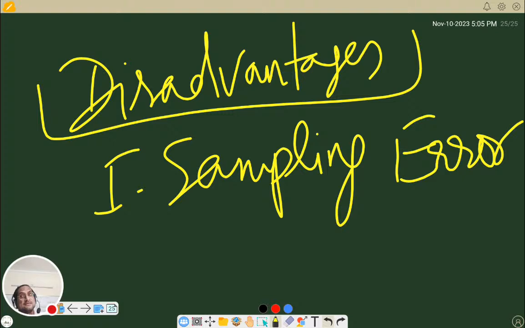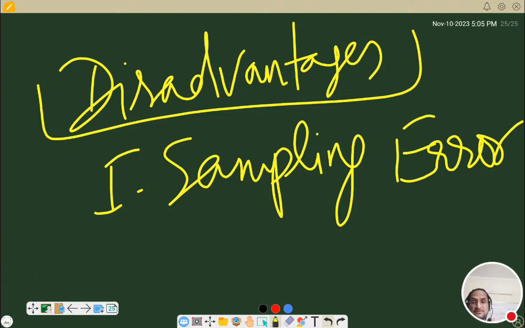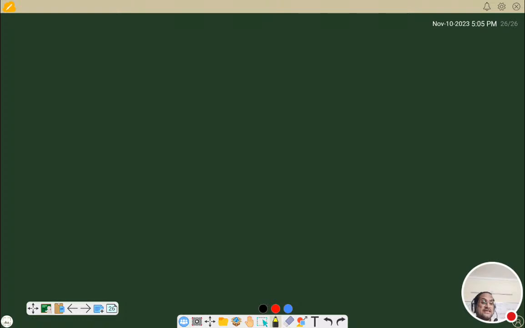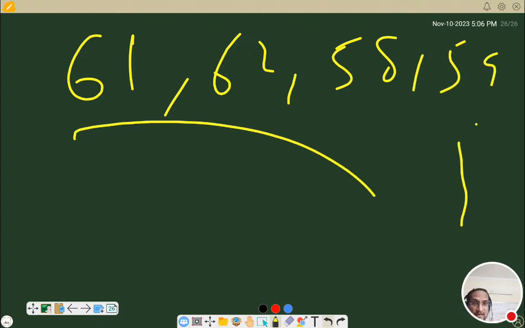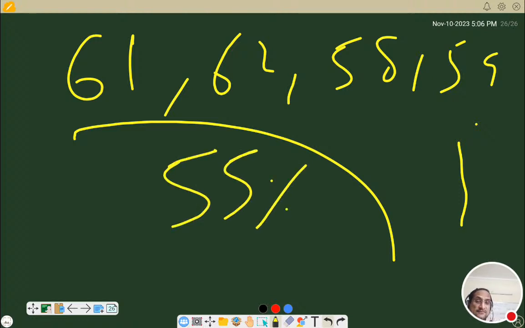Suppose the 10 people give different reactions to how many percentage of students get selected from Old Rajendra. Somebody says 61, some 62, some say 58, 59, likewise. If we average the sample, then it will be somewhere near 55%.